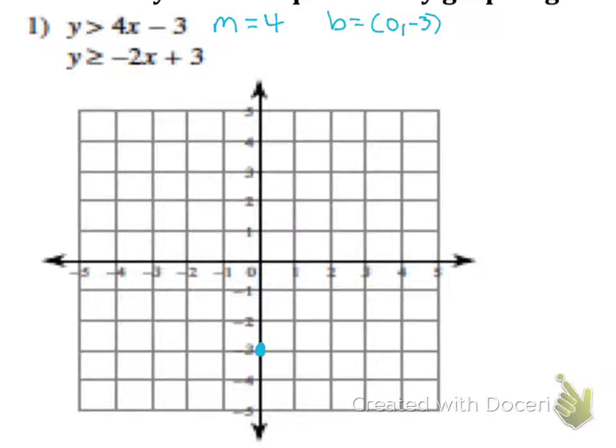My slope is 4, so I'm up 4: 1, 2, 3, 4, right 1. And remember that because this is just greater than, we will have a dashed line. So I'm going to go ahead and get this line dashed.